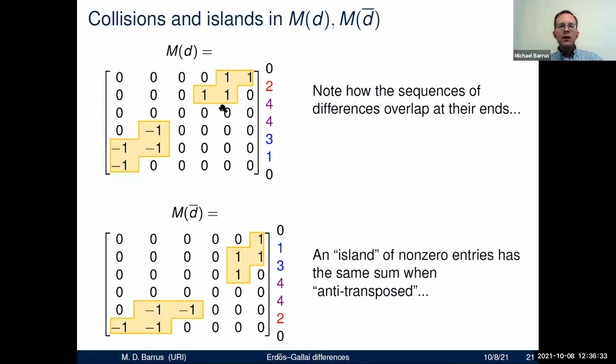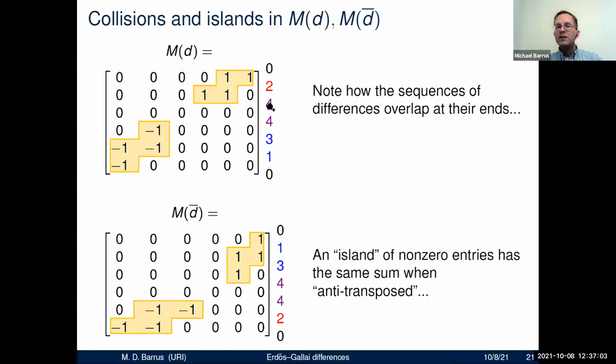maximum exactly when you have processed an island. You've reached the end of one of these islands of non-zero entries. It takes a little bit of work to show that these islands of non-zero entries don't overlap or interfere with each other, but it turns out that they don't. And so when you reach the end of an island, the fact that M of D bar is sort of the anti-transpose of M of D means that you're going to reach that end of that same island somewhere, and you'll have the same sum that you did.